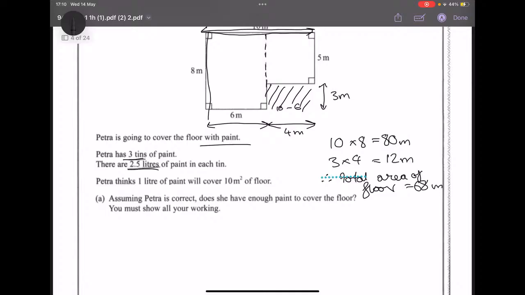Now, something mentioned in the question is that Petra thinks 1 liter of paint will cover 10 meters squared of floor. Therefore, if we have 68 meters, we will divide that by 10 and we will need 6.8 liters of paint.